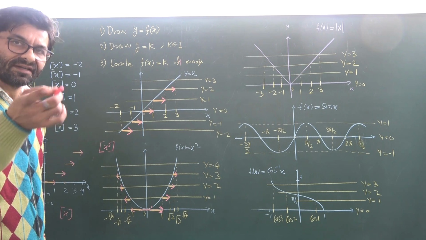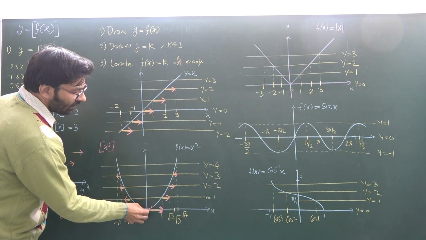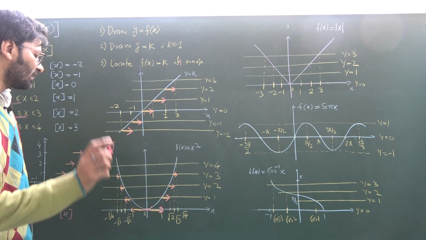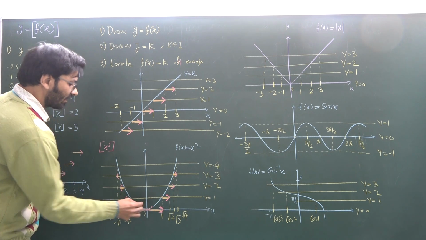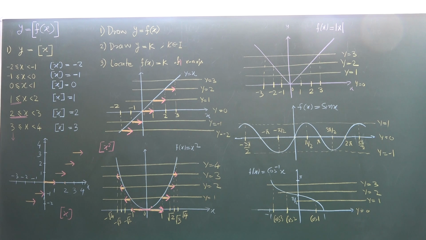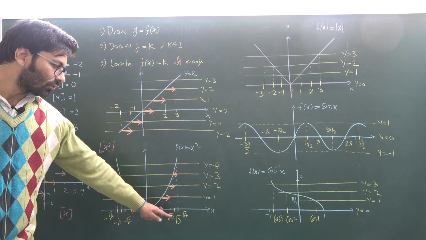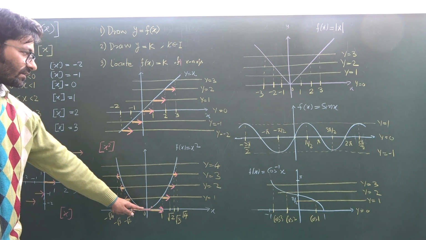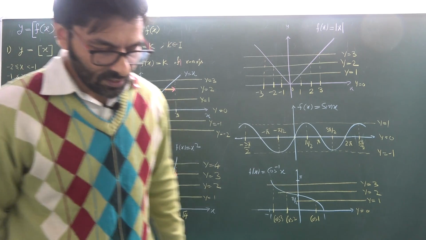We are talking about the greatest integer of it, so the least possible integer. Even if you are slightly increasing your y coordinate, it doesn't really make any difference. This is the reason at y equals 0, this graph is continuous. This is discontinuous at 1, under root 2, under root 3, under root 4, but not at 0. The earlier one was discontinuous at every integer.